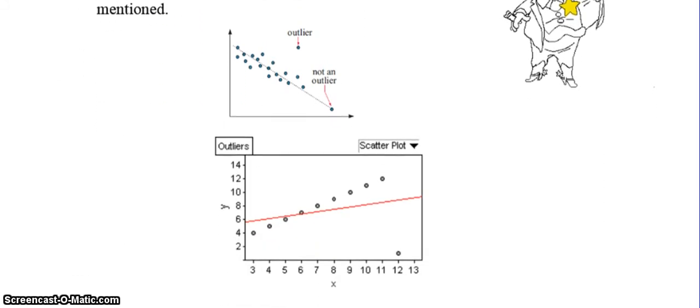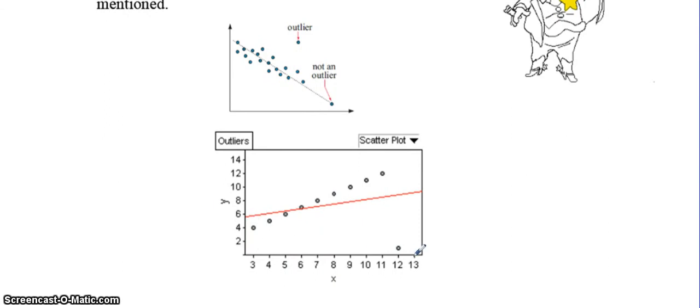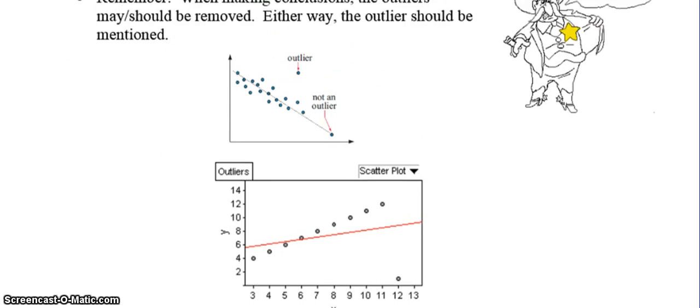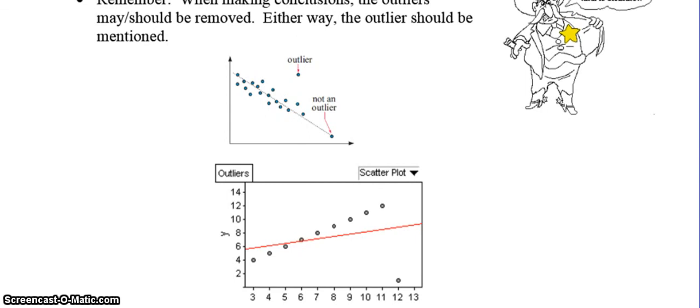So what tends to happen is one outlier can seriously skew the line of best fit. Be very careful. Outliers are points that are far away from the line of best fit.